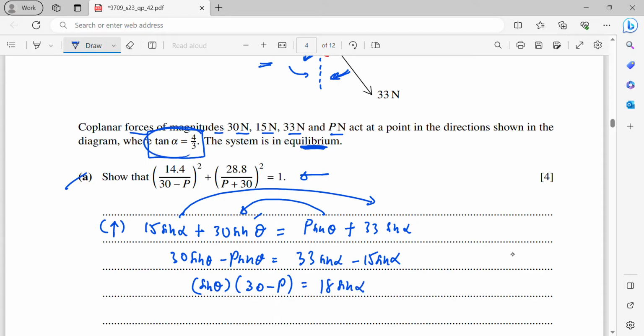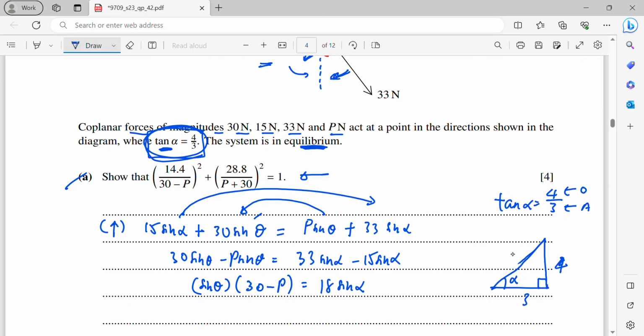And now you are given tangent alpha is 4/3. So to get sine alpha, I have to draw a right angle triangle. Let's say this is alpha. The tangent is basically opposite over adjacent. Tangent alpha is 4/3, that means this is the opposite side and this is the adjacent side. So our opposite side is 4 and the adjacent side is 3.